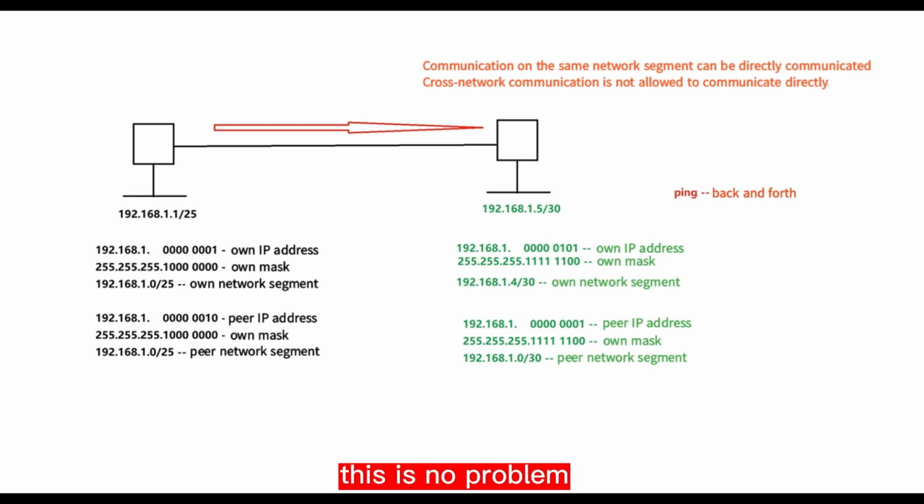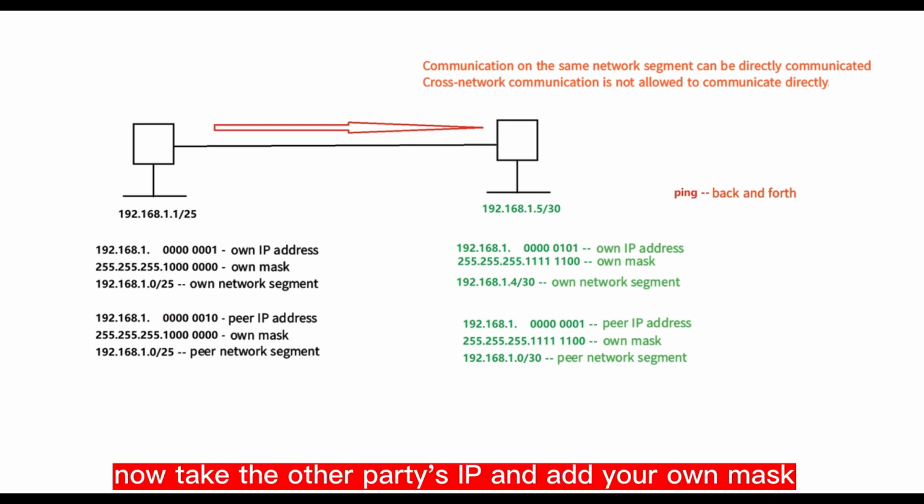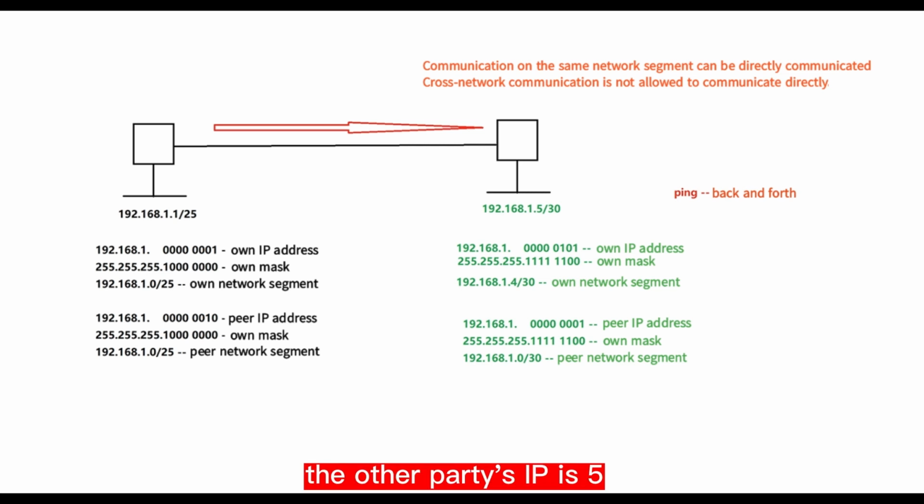This is no problem. Now it takes the other party's IP, which is 0.5, so it's 0101, and adds its own mask. Now it thinks that the network segment of the other party is still this. So in fact this packet can be sent out. No problem. Now the packet is sent to PC2.